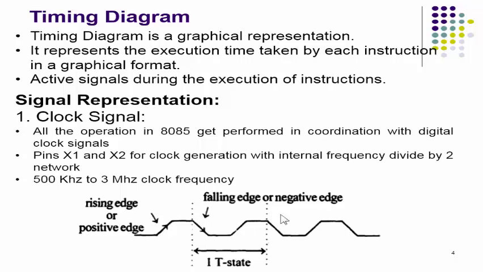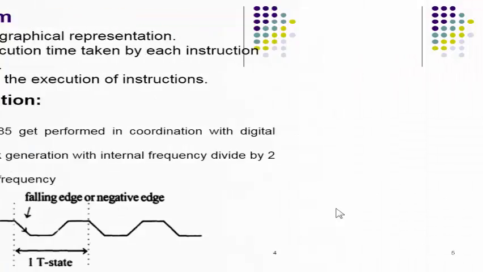Rise time and fall time are the time required to change the state from logic 0 to logic 1 or from logic 1 to logic 0. Here the signal is changing from logic 1 to logic 0, and this period is known as the fall time, and one complete cycle is known as 1 T state.